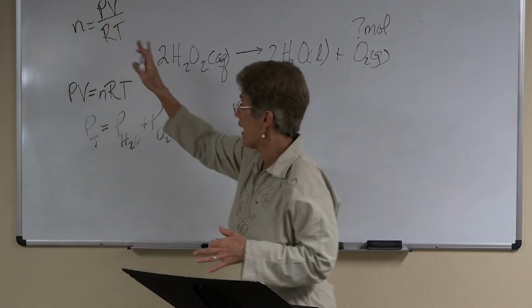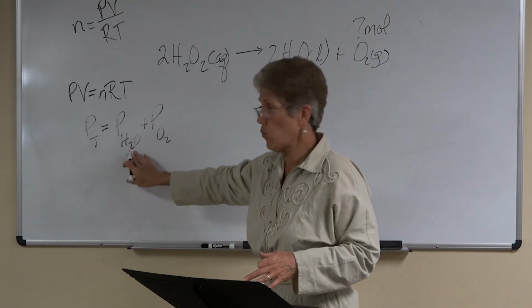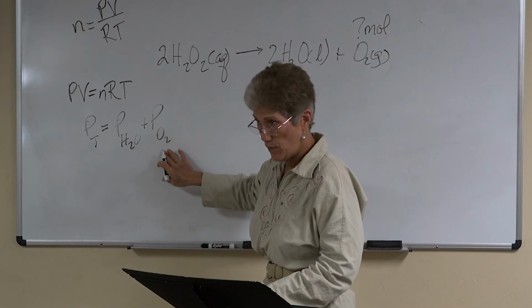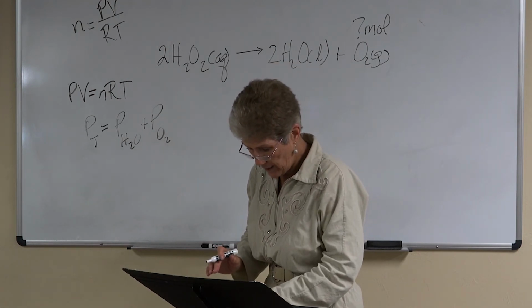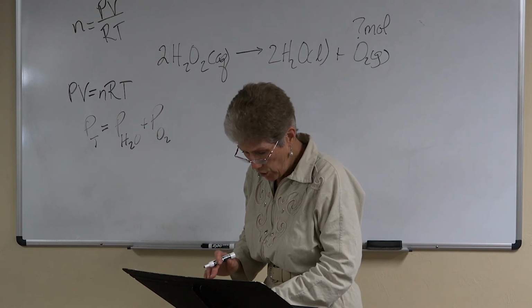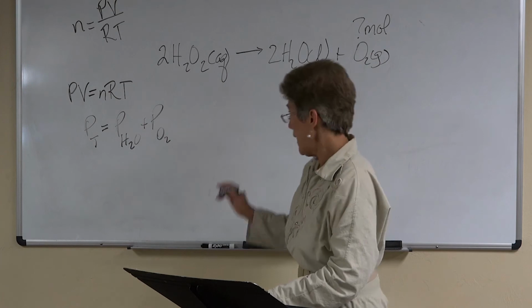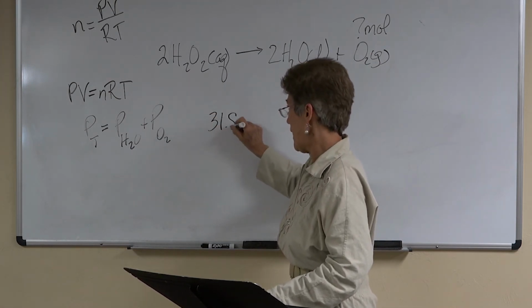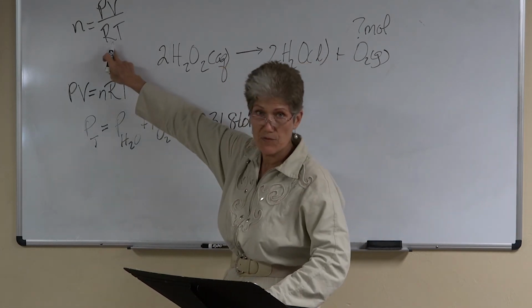Now the first problem we have is the pressure. And we know that the total pressure equals the pressure of the water vapor and the partial pressure of the oxygen. If you look in your textbook at the table on page 311, you'll notice that the partial pressure of the water at this temperature is 31.8 torr. But you have to have that in atmospheres because this is in atmospheres.